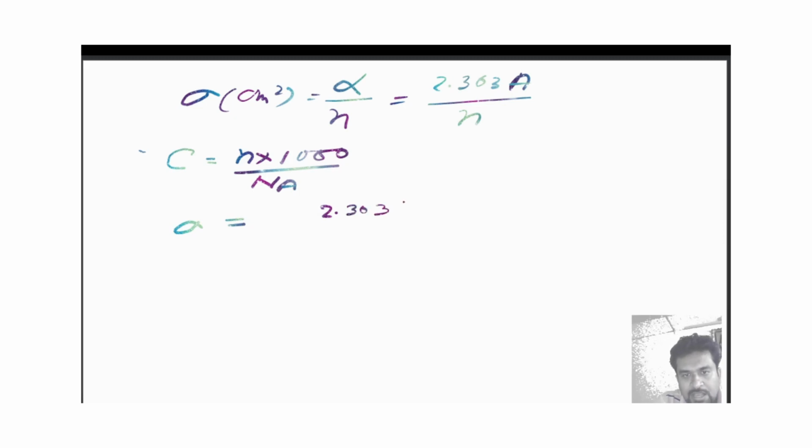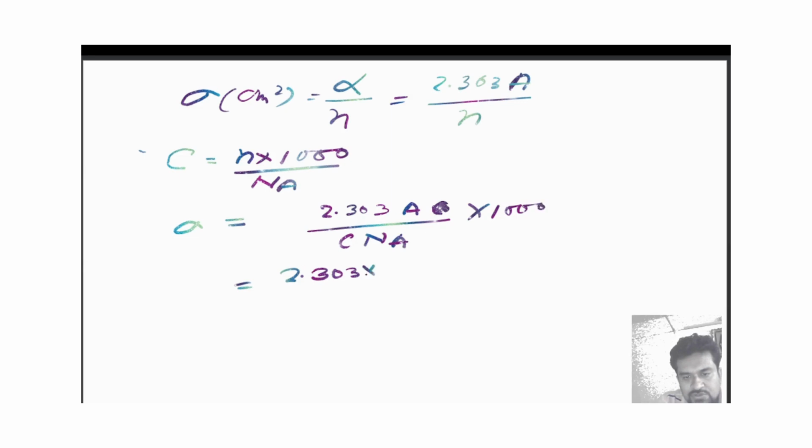So if you replace this in the above equation, then we can get sigma equal to 2.303 into A by C into N. Okay. So if you just write it down like this, 2.303, and this 1000 is also here.